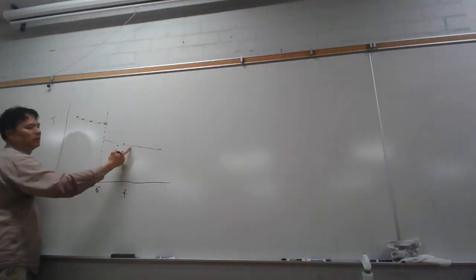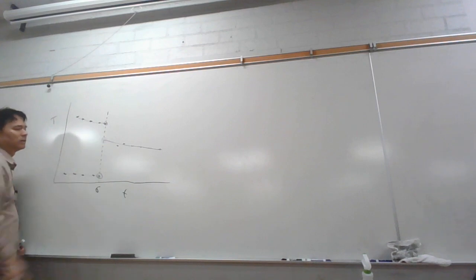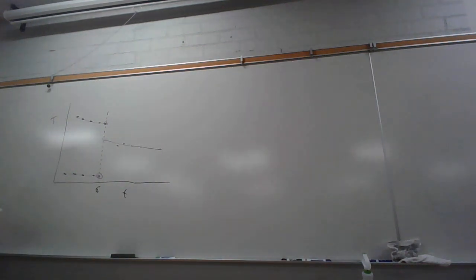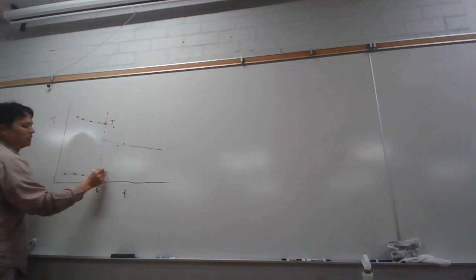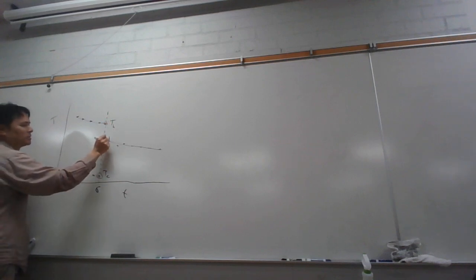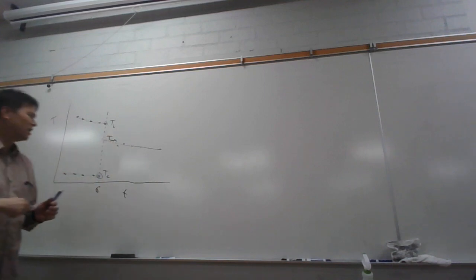And assuming it was well mixed up here, what would the cooling curve have been? And so this would be the T mix. So we can label these T hot at 6 minutes, T cold at 6 minutes, and T mix at 6 minutes. And so I just labeled TH, TM, TC.